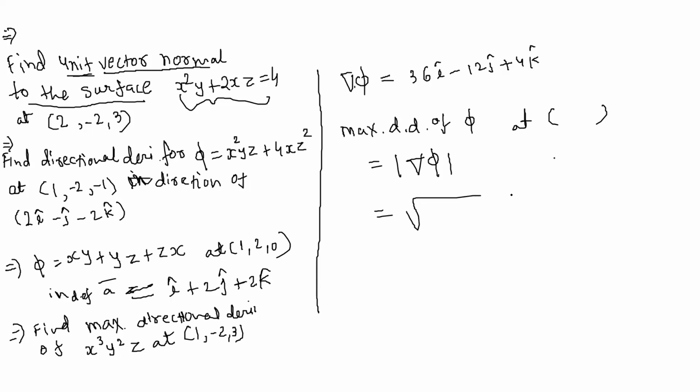Mod nabla phi. How do we get mod nabla phi? The root of 36 square plus minus 12 square plus 4 square. So simplify this. 144 plus 16 plus 36 square. What is it?